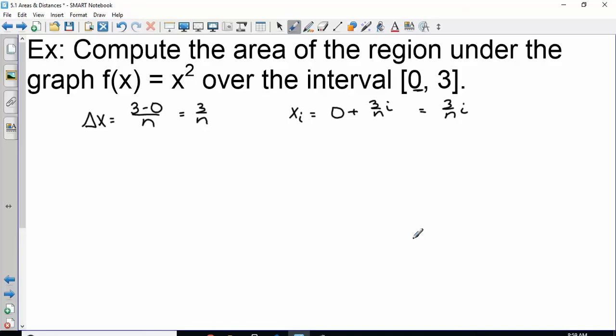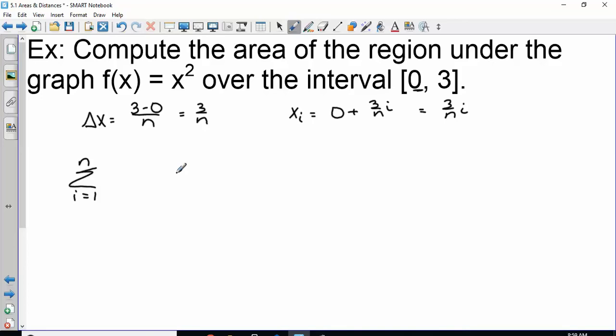Okay, so now we are going to find the sum. I'm just going to do the sum first, and then I'll do the limit at the end. You can write the limit on every step, it doesn't really matter. When we did those rectangles, we had to add up the areas of every rectangle. How do we find area? Length times width. Now all of them have the same width.